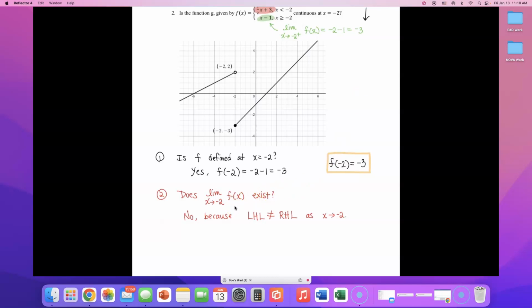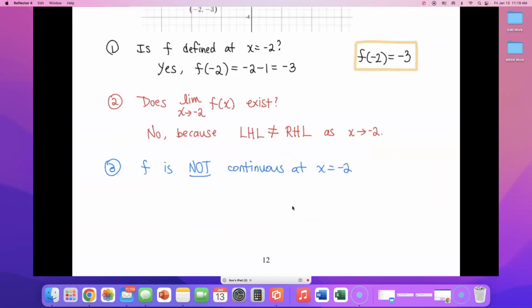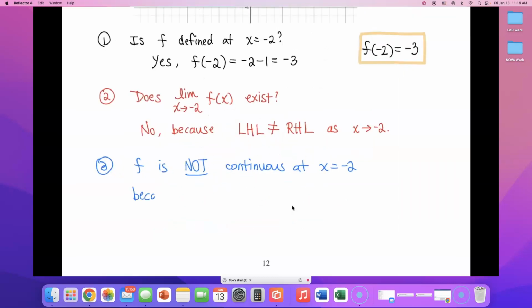So here's the conclusion. In order for a function to be continuous at this point, we have to have the function defined and the limit has to exist, and they have to be the same. Well, unfortunately, we're going to have to say f is not continuous at x equals -2 because the limit does not exist at -2.